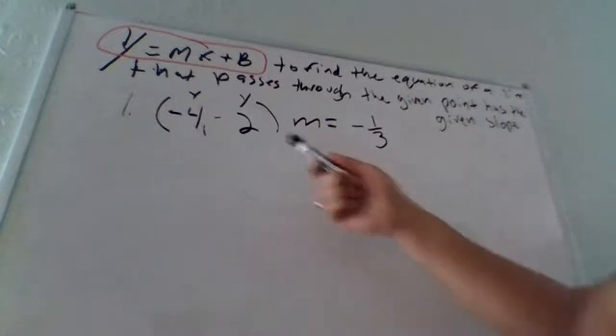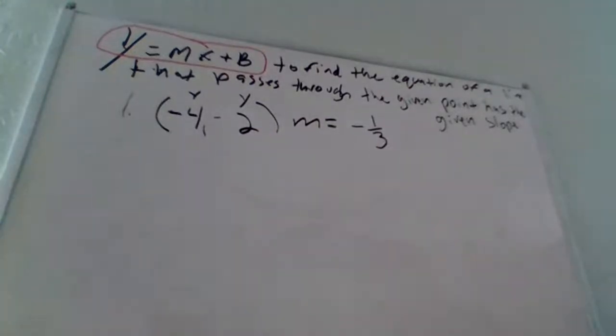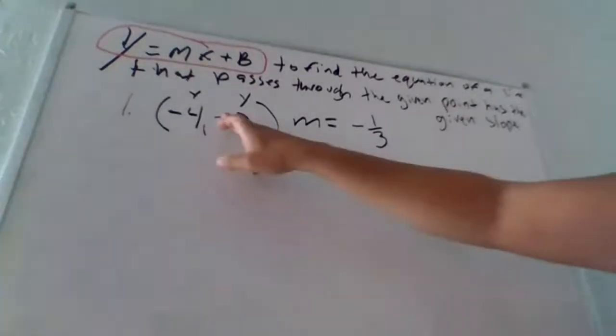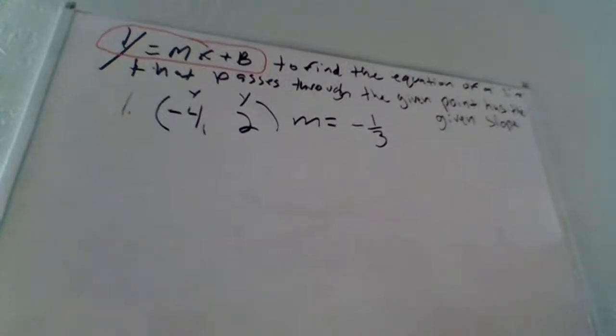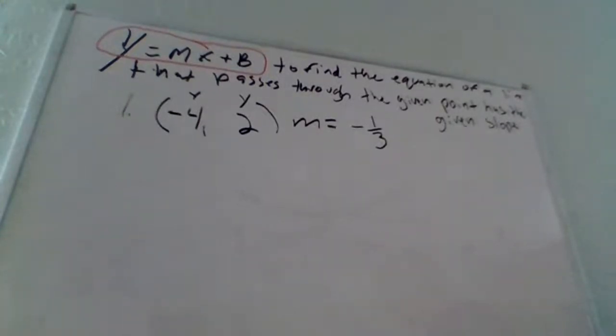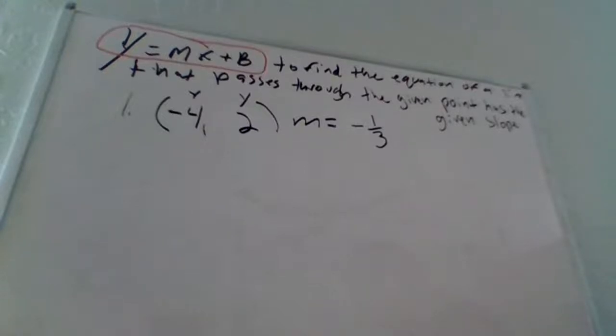Okay. So go ahead and solve this. Oh, that is negative 4 and negative 2. I'm sorry, negative 4, positive 2. My fault. Negative 4, positive 2. Slope is negative 1/3. Then after you finish this one, we'll go ahead and move on into that practice test. So I give everybody enough time to finish.